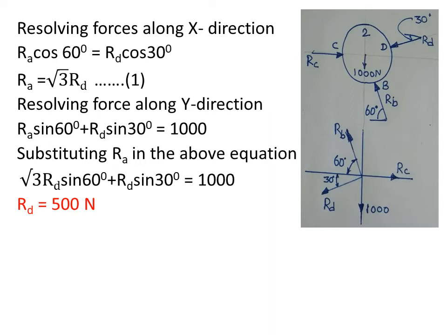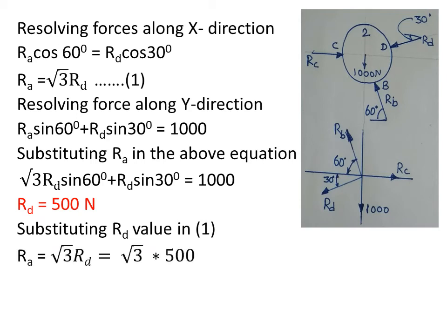The value of RD is 500 newtons. Substituting the value of RD in equation 1, RA equal to root 3 RD is equal to root 3 into 500, and its value is 866 newtons.